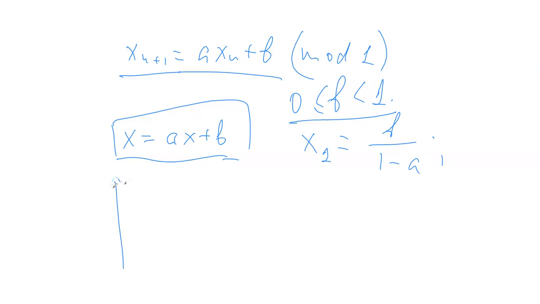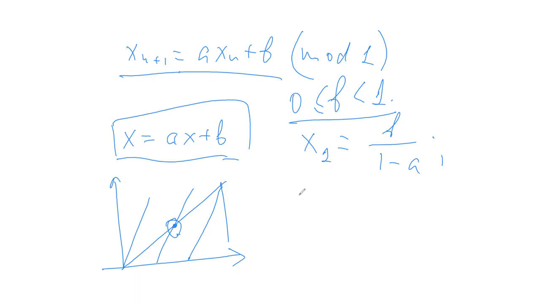It could be more if a is more than 1. Because if a is more than 1, we can have something like this, for example. So if b is non-zero, we have this, and this is not b over 1 minus a, it is something else, and this should be found.